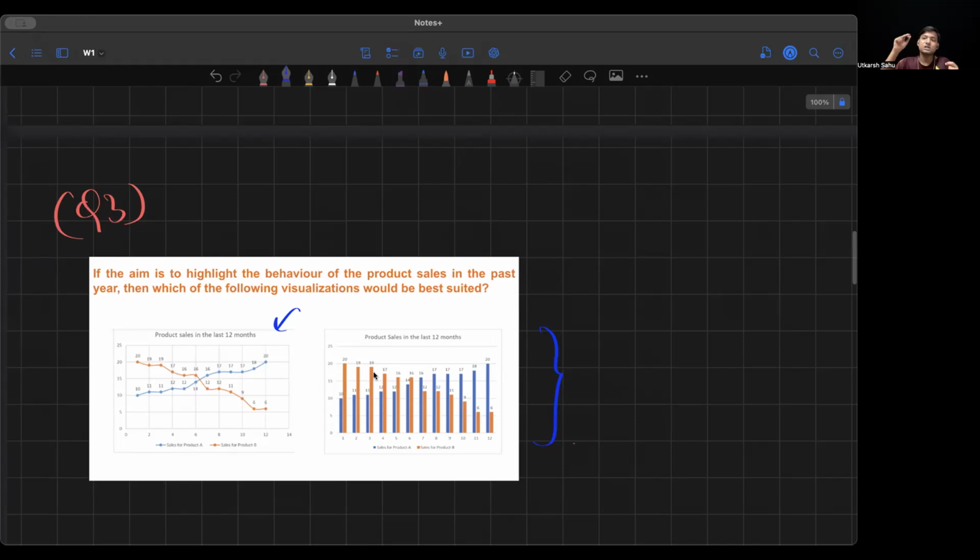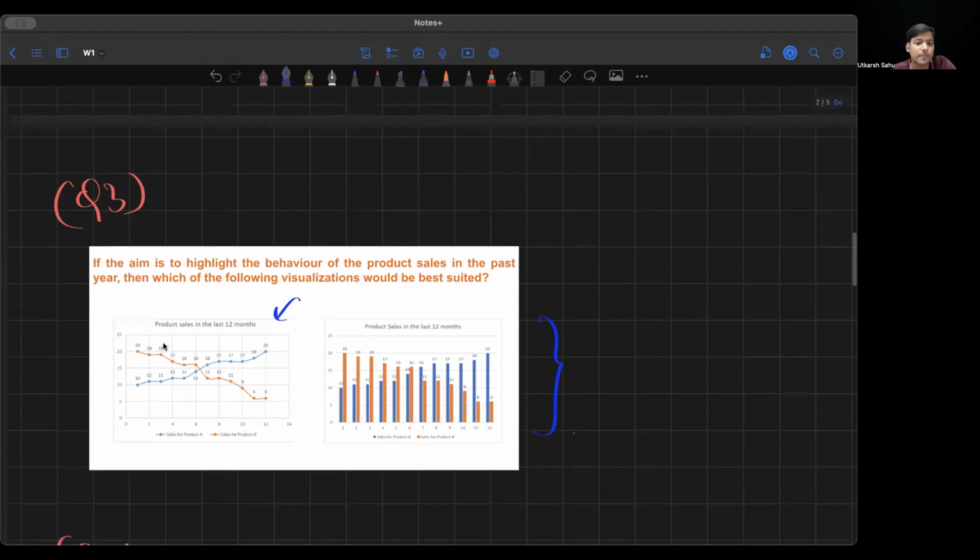But the moment you see these lines, we are going to compare the trend. The orange company was going down, blue company was going up. So, you can use both if you want, if you want to justify that, definitely yes. But the more suited version would be option one, which is this one, because you are using clean data visualization. You don't have extra information. Everything is pretty much obvious, right?